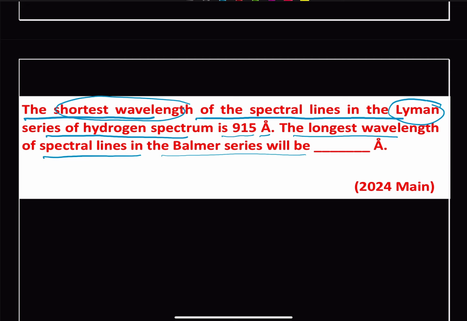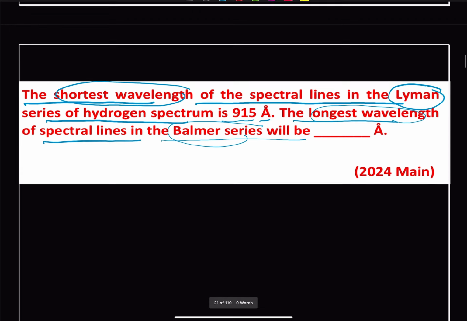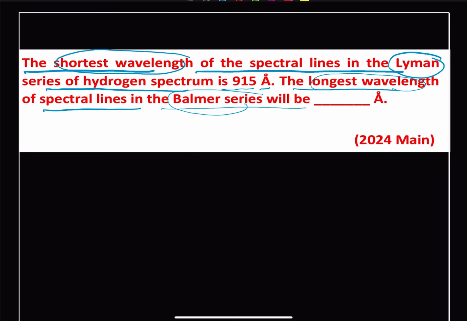And for the Balmer series, it states that there should be a longest wavelength. So the value of n1 will be equal to 2 and the value of n2 will be equal to 3. That will give us the longest wavelength in the Balmer series. Okay, so this we have to remember.